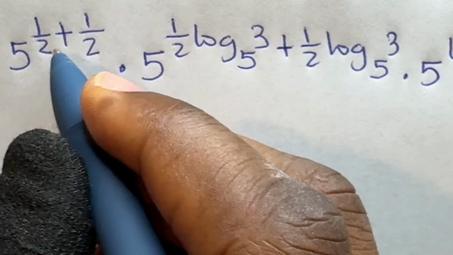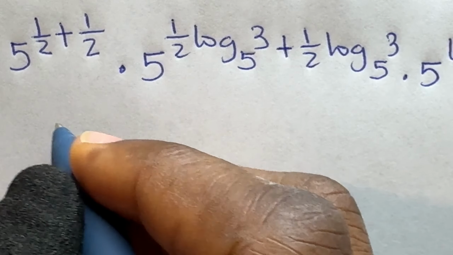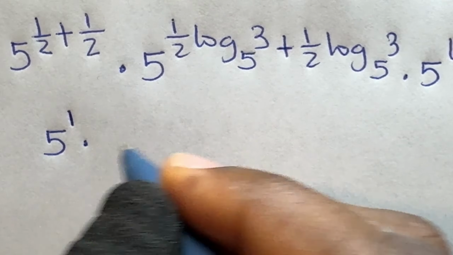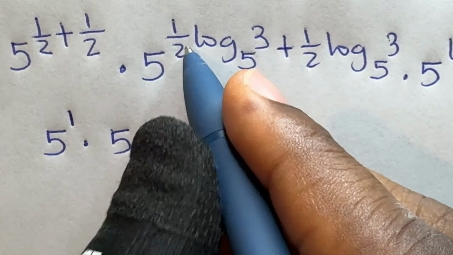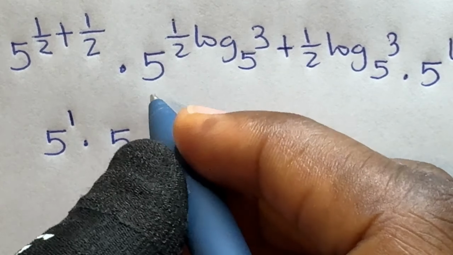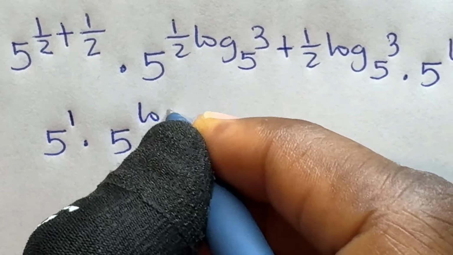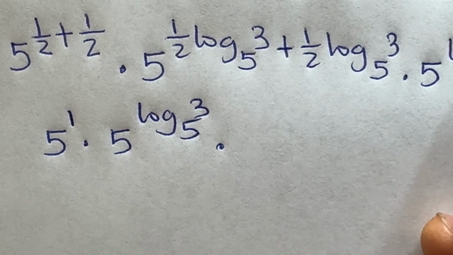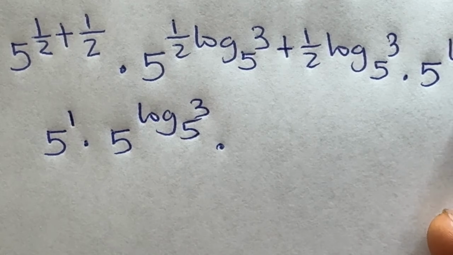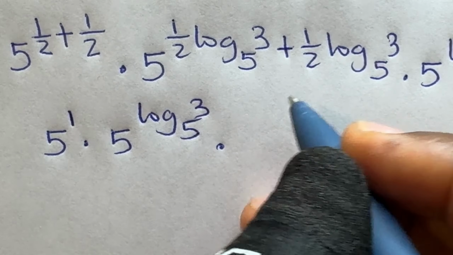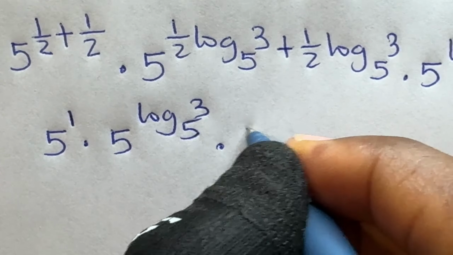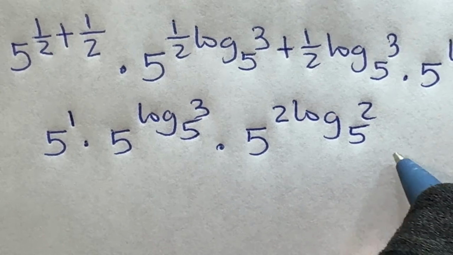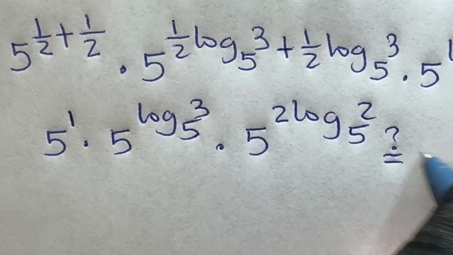So 5 raised to power 1 over 2 plus 1 over 2, that is 5 raised to power 1, times 5 raised to power, the same thing, this is half of this plus half of this, so that just becomes 1 of that, then times the same thing here, but this is log 2 base 5 plus log 2 base 5, so that becomes 5 raised to power 2 log 2 base 5 is equal to 60.